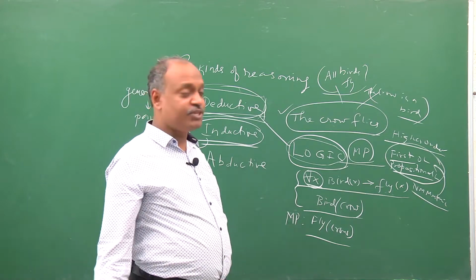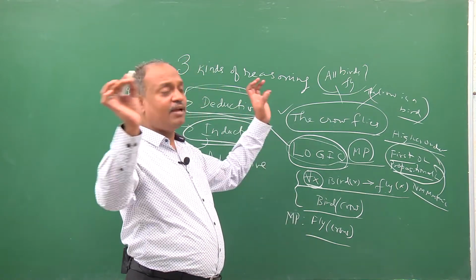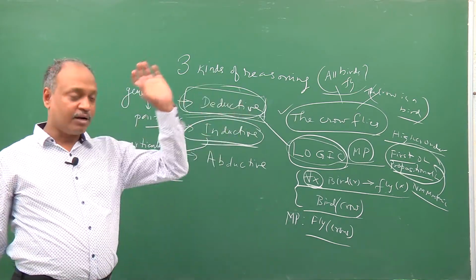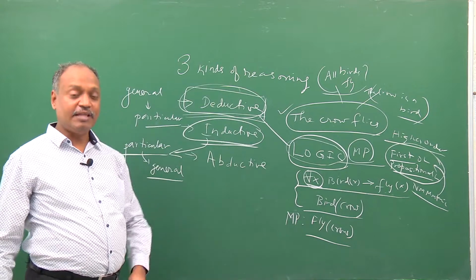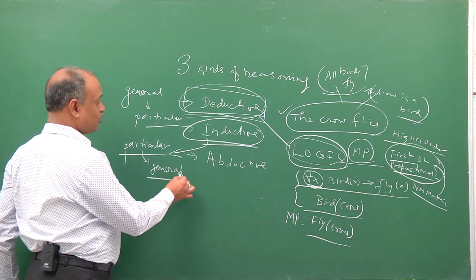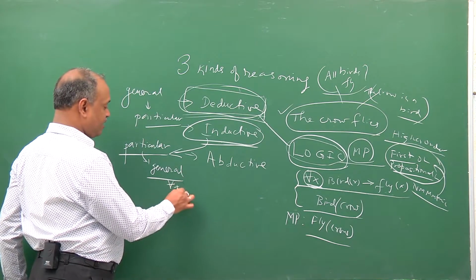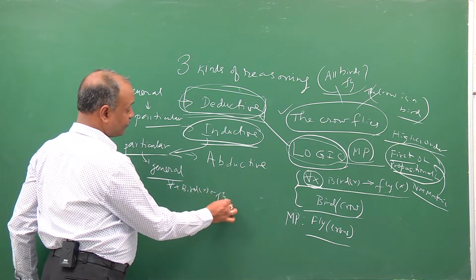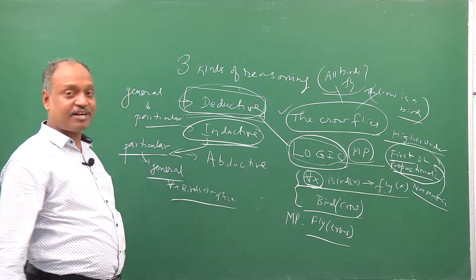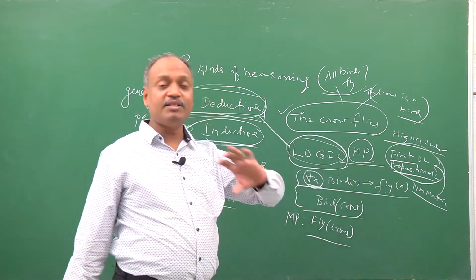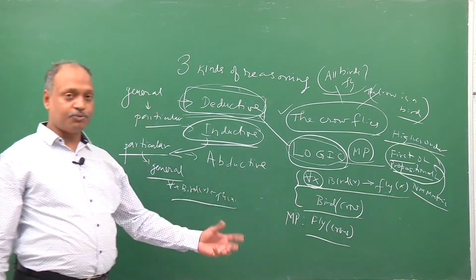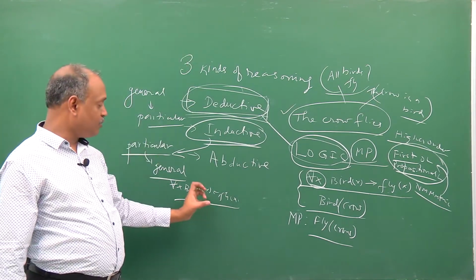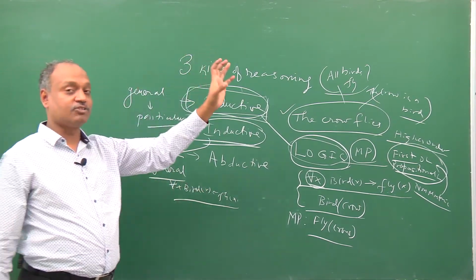For example, if you see hundreds of thousands of birds flying, this bird flies, bird 2, bird 3, bird 4, bird 100,000, bird million flying, then you can say that here is a generic rule where I can say that if anything is a bird, it will fly. So this is knowledge extracted from several low-level or particular instances being observed, and we are using this to generate a generic rule which is able to abstract a phenomenon for that class of beings.